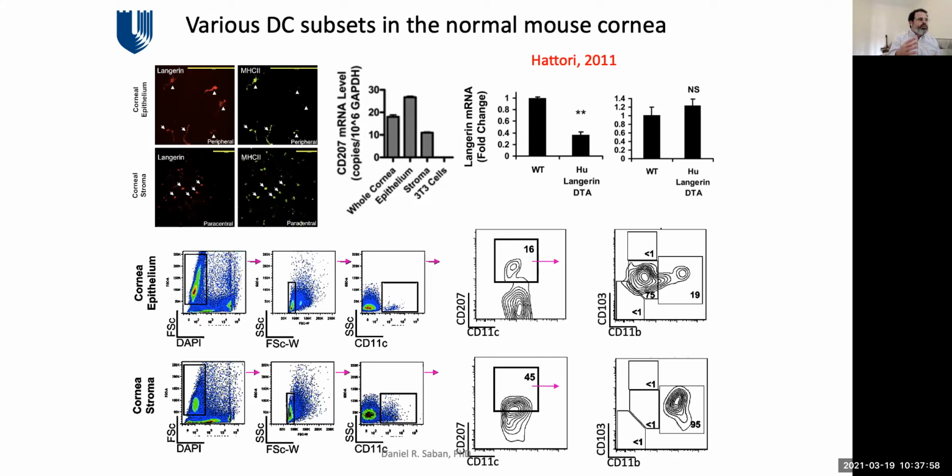Anyways, to make a long story short, they came up with several models to look at that. And we had showed that there is indeed Langerhans cells in the corneal epithelium.